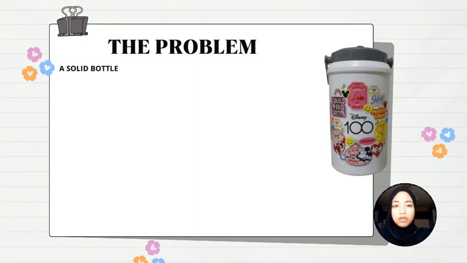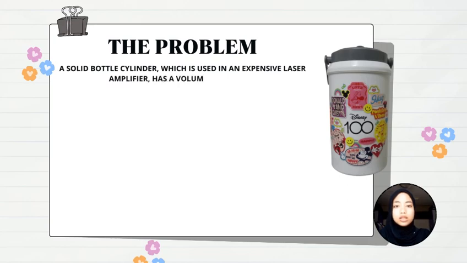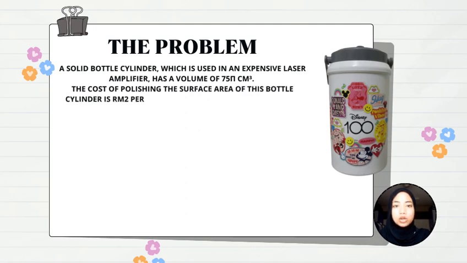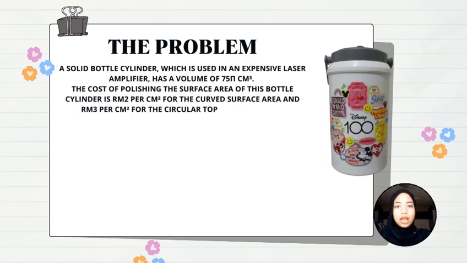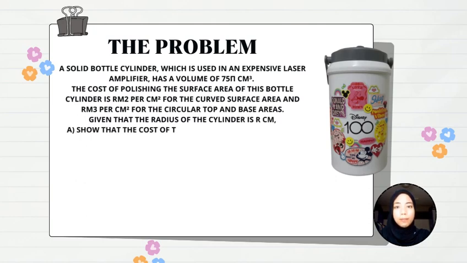We are now going to have a look at differentiation in a more practical context. So the question says: a solid water cylinder which is used in an expensive laser amplifier has a volume of 75 pi centimeter cubed. The cost of polishing the surface area of this cylinder is 2 ringgit per centimeter squared, and 3 ringgit per centimeter squared for the circular top and base area, given that the radius of the cylinder is r cm.